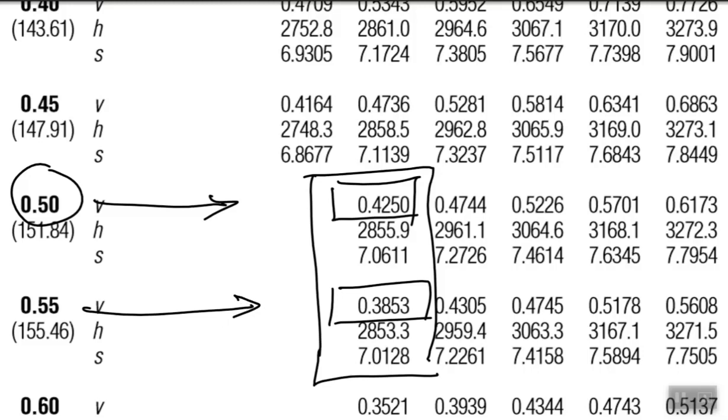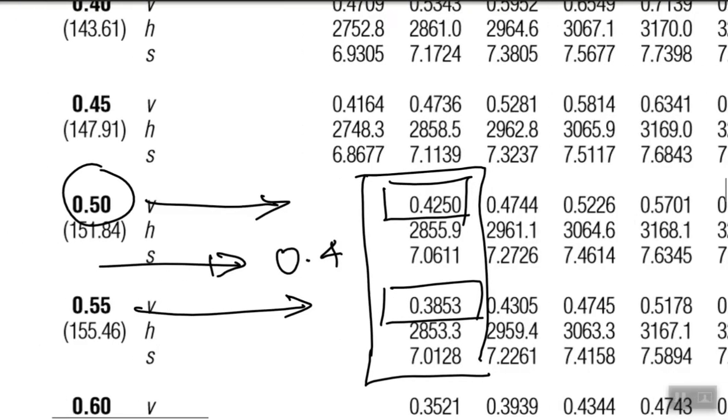So our volume of 0.4 cubic meter per kg is definitely not listed there. That means our volume of 0.4 is somewhere between a pressure of 0.5 and 0.55. I hope you get the point.